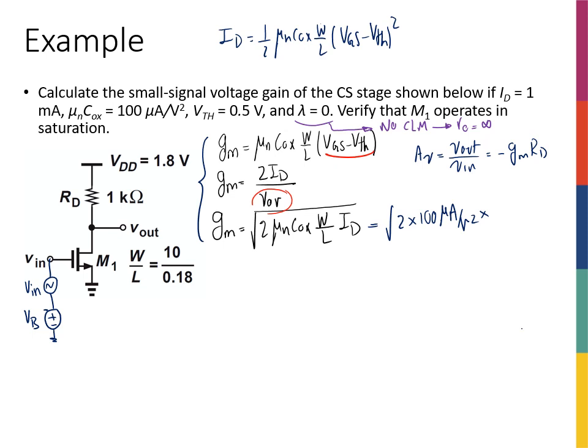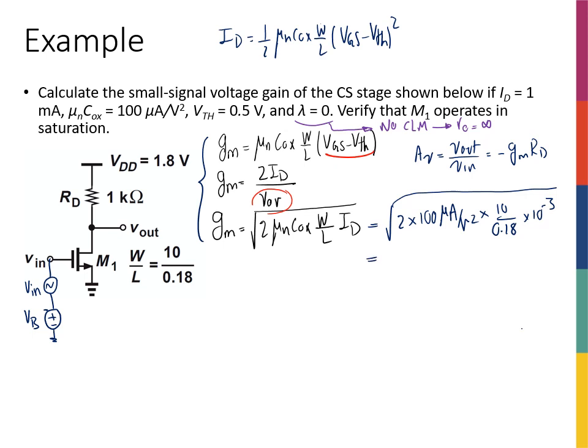The W over L is 10 over 0.18. It's unitless because we have length over length, so their units cancel out. And we have ID, that is 1 milliamp, so 10 to the negative 3, all under the square root.